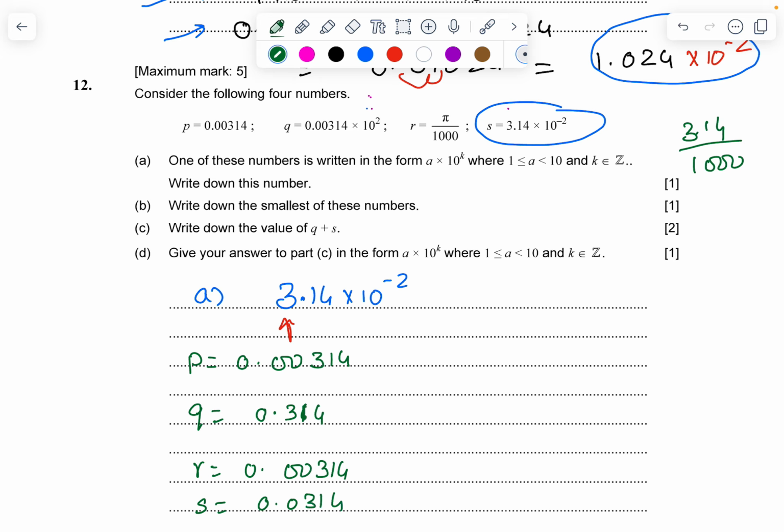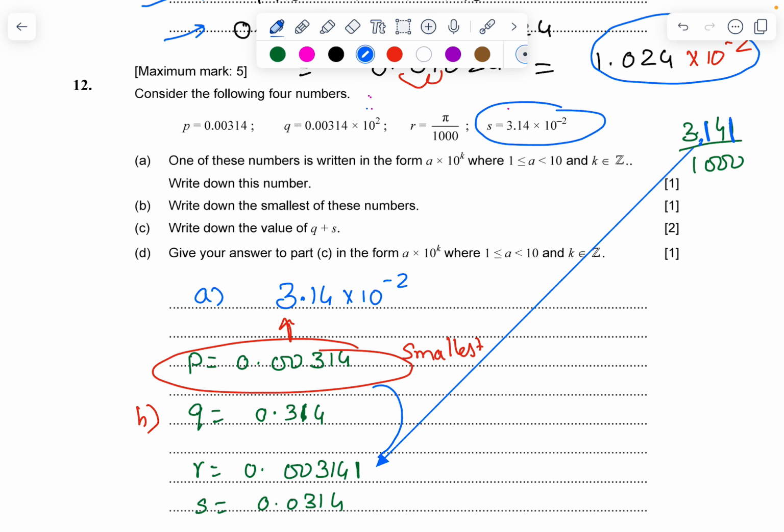Which is the smallest one? We can see 141 and so on. The smallest one is going to be the value P. So the answer for B is P. Because if I take pi as 3.14, these two values will be the same. Therefore, if I take the pi value as 3.141, then automatically R will become a bigger number.